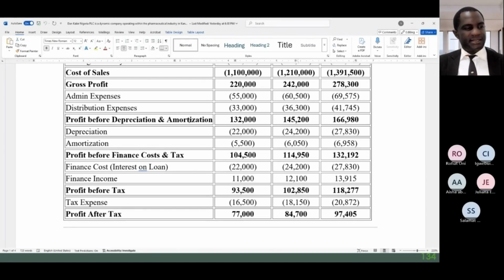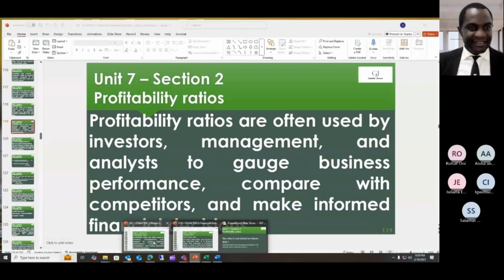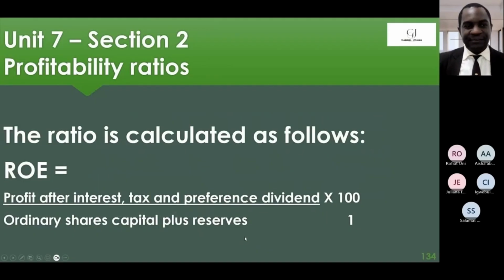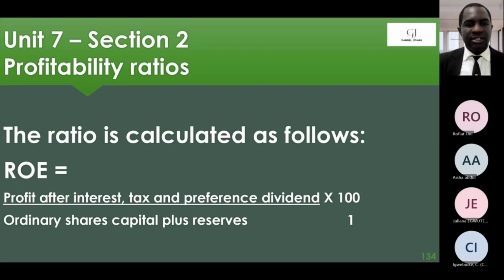Okay. So we're talking about return on equity, and the question was which one should be used. Like I said, return on capital employed and return on equity are very essential. Return on asset is not that important.